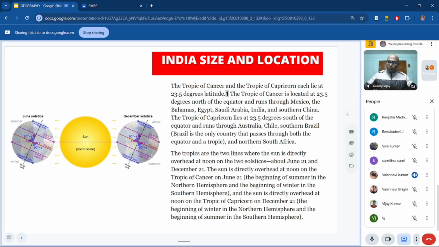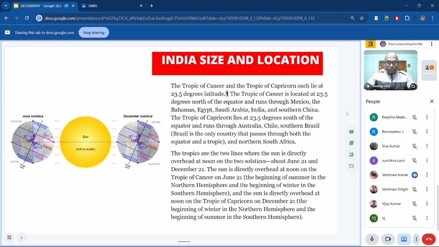The Tropic of Cancer and the Tropic of Capricorn each lie at 23.5 degree latitude. The Tropic of Cancer is located at 23.5 degree north of the equator and runs through Mexico, the Bahamas, Egypt, Saudi Arabia, India, and southern China.